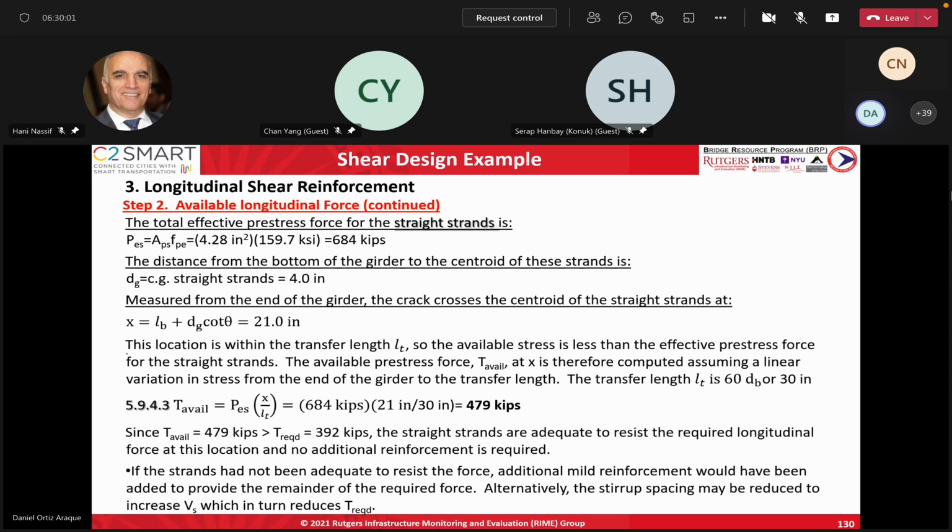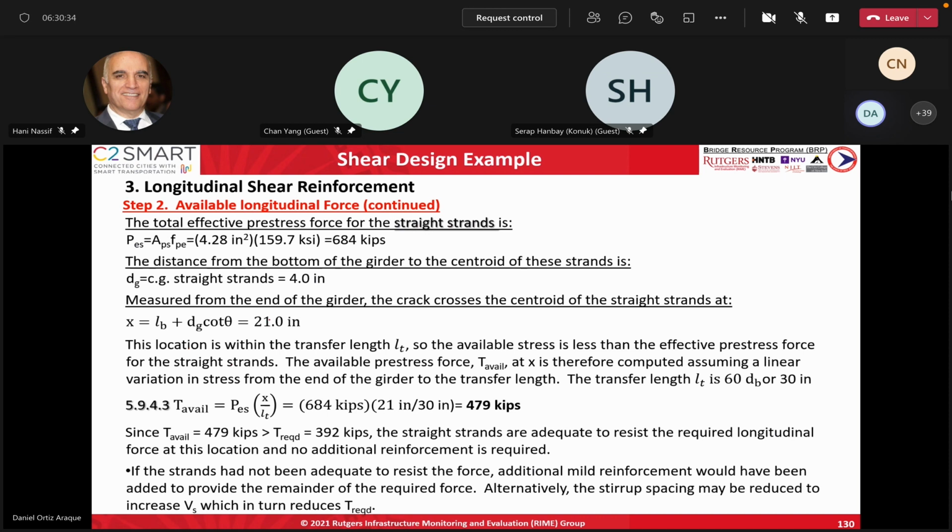Since we found that this location is within the transfer length LT, the available stress is less than the effective pre-stress force of the straight tendon. The available pre-stress force at X is therefore computed assuming a variation from the end of the girder to the transfer length, and that the transfer length is 60 times the diameter of the bar or 30 inches, whatever is bigger.